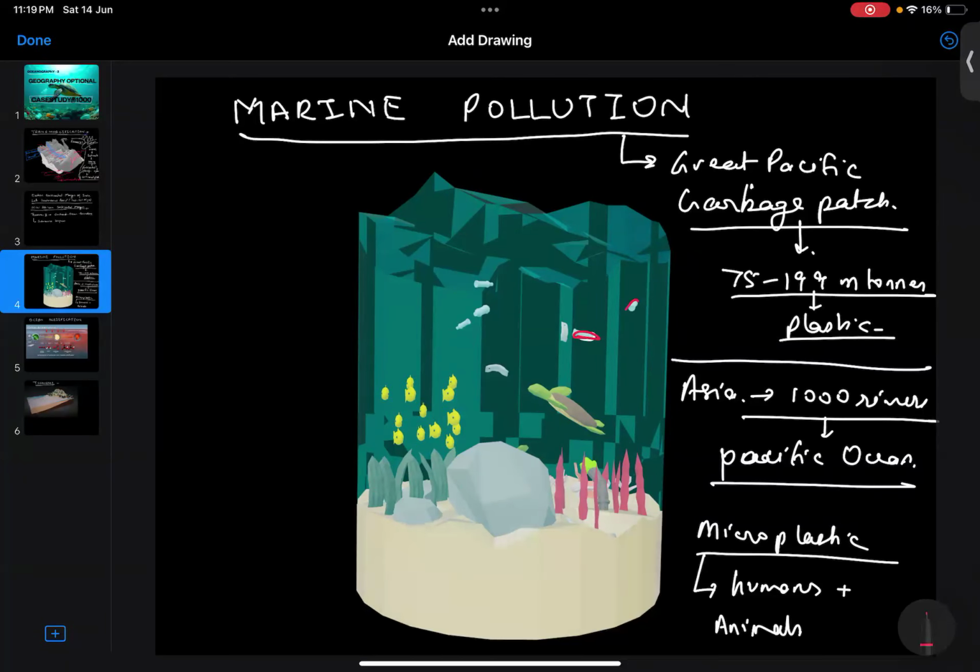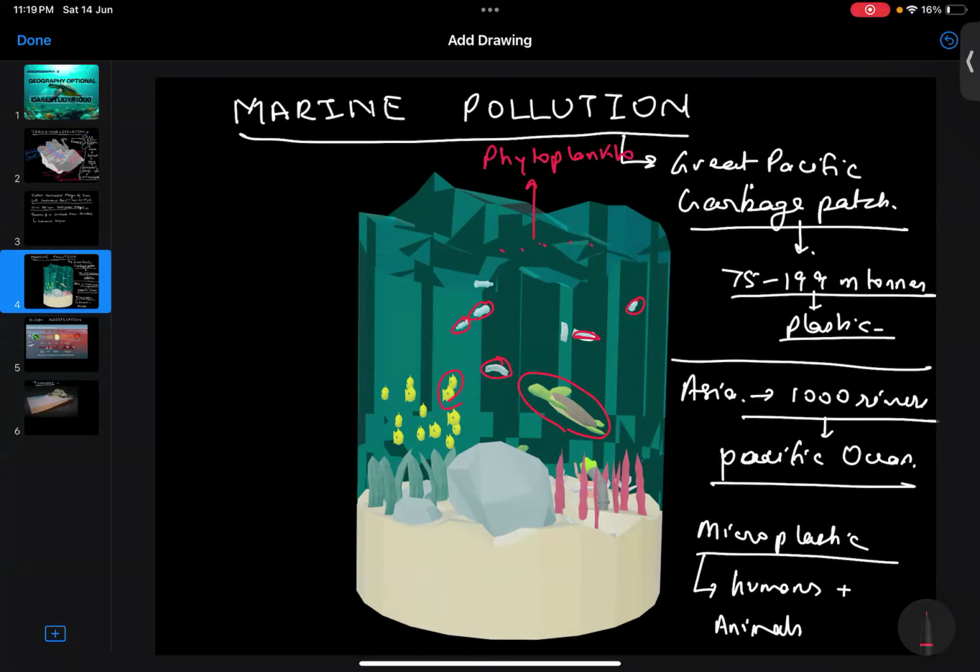These plastic materials are consumed by turtles, fishes, phytoplankton, and other marine organisms. For example, here we can see a turtle feeding on plastic pollution.